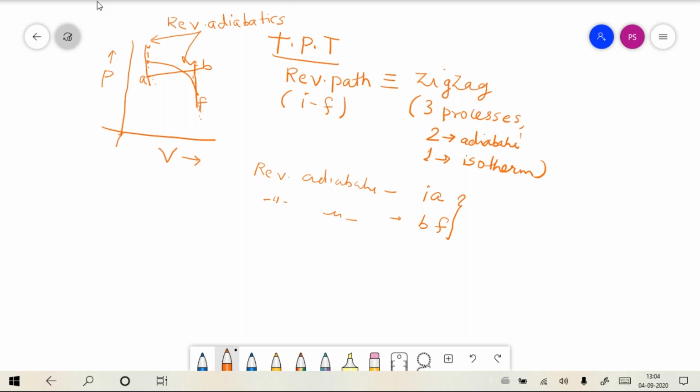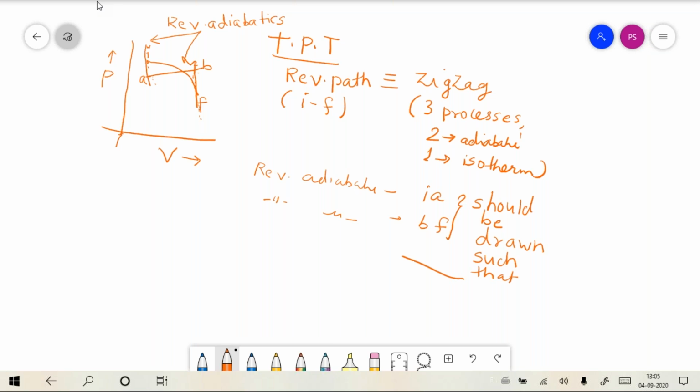They should be drawn such that the area under IABF is equal to the area under IF.